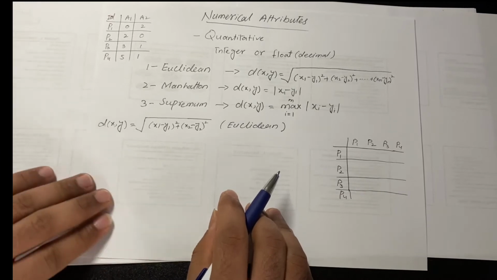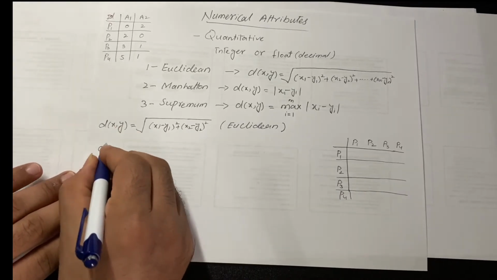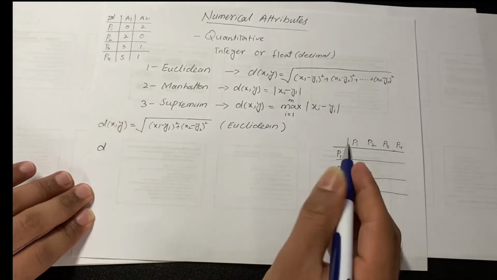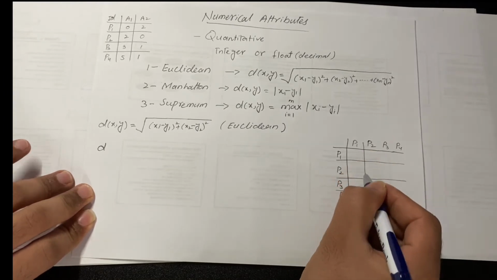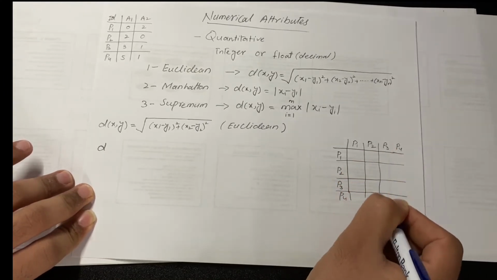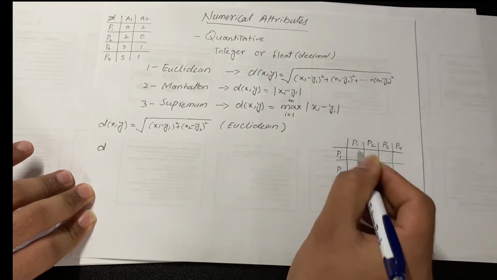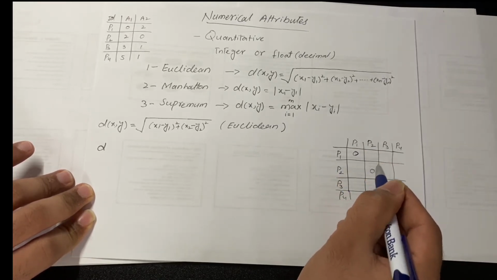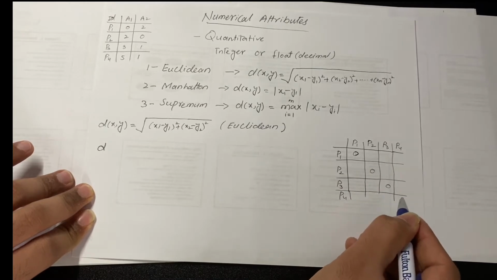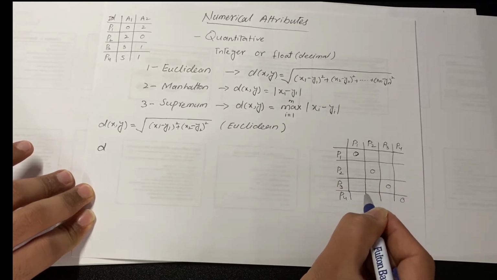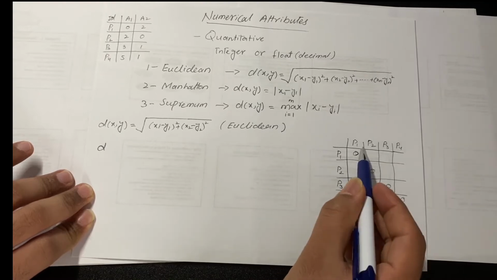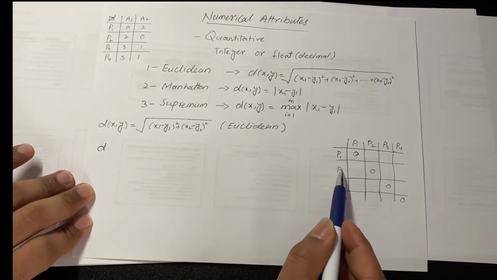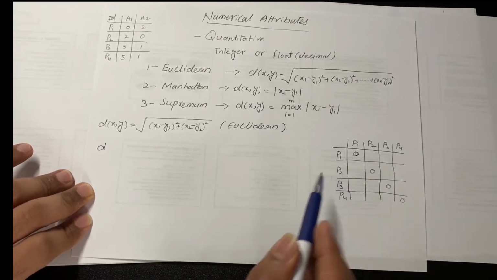The diagonal values will always be 0. So the difference between P1 and P1 is 0, P2 and P2 is 0, P3 and P3 is 0, P4 and P4 will be 0. Now we have to find out the difference between P1 and P2.